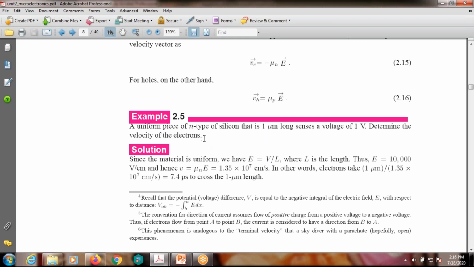The given data: L is equal to 1 micrometer, the length of the silicon bar. The applied voltage is 1 volt. Determine the velocity of electrons.